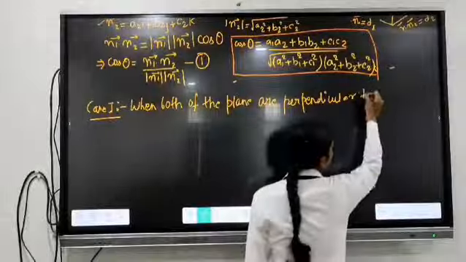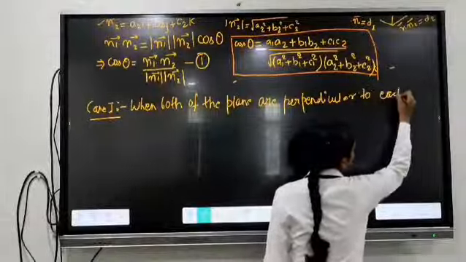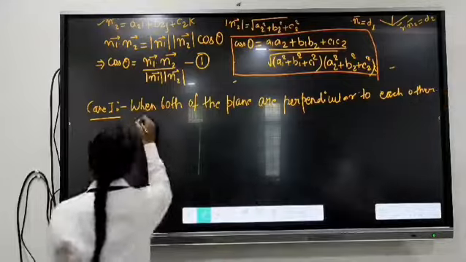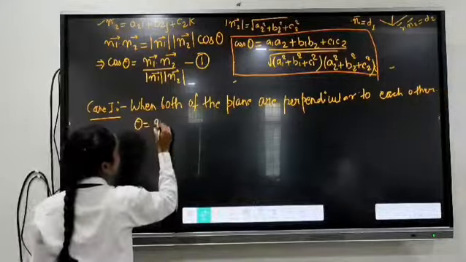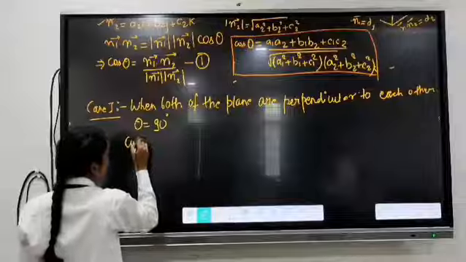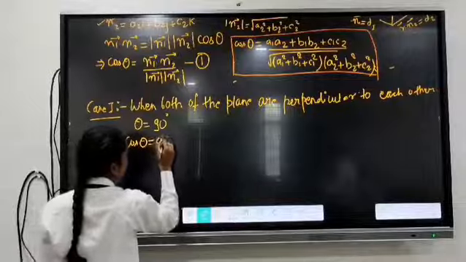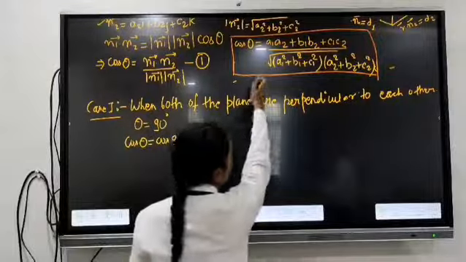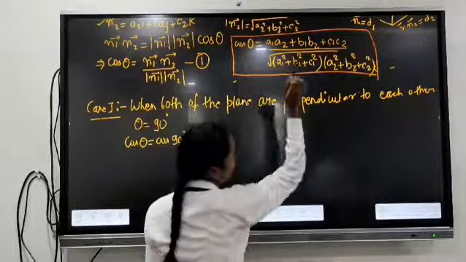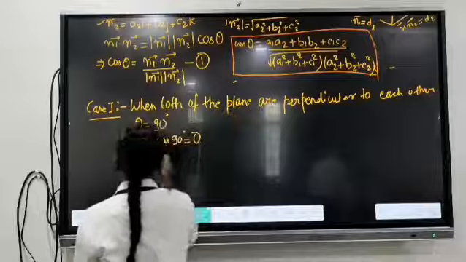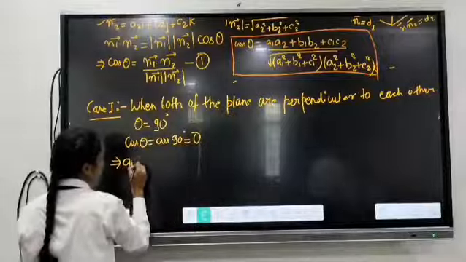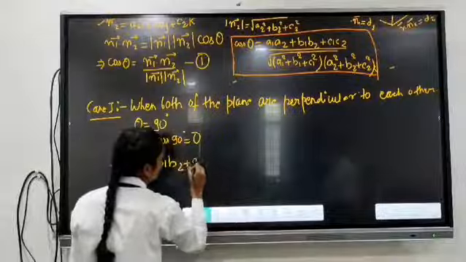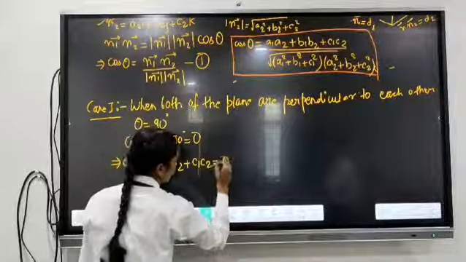Perpendicular to each other means that the angle between the two planes is 90 degrees. So theta is 90 degrees, and we know that cos 90 equals 0. So when you put cos 90, you will get the value 0. So when the two planes are perpendicular, the equation will be a1 a2 plus b1 b2 plus c1 c2 equals 0.